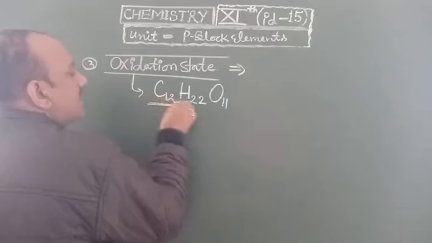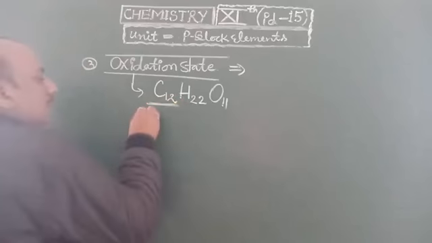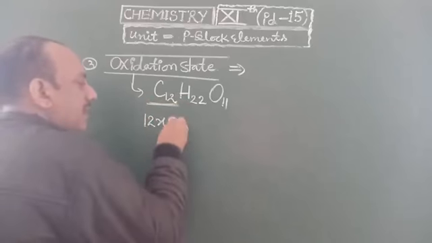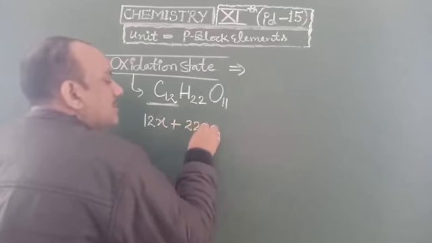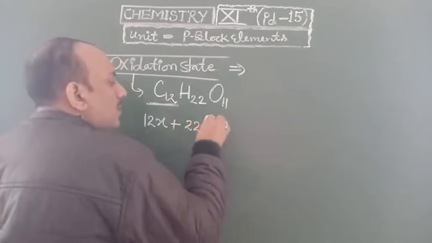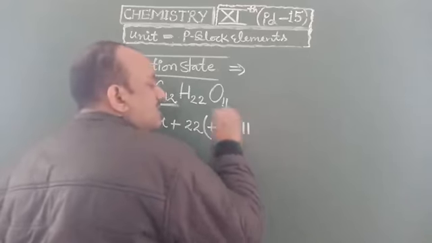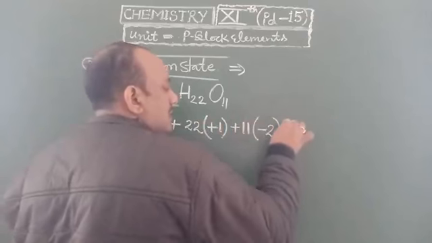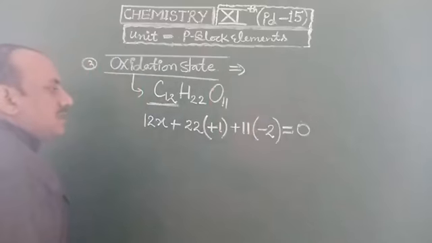We find the oxidation state for carbon: 12x because 12 carbon atoms are here, plus 22 hydrogen atoms, each with oxidation value +1, and 11 oxygen atoms, each with oxidation state -2, and the total of all oxidation states is 0.